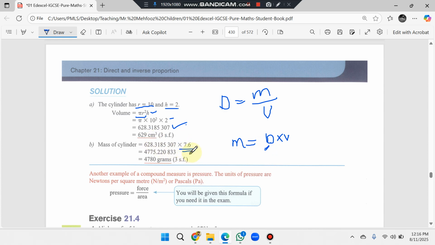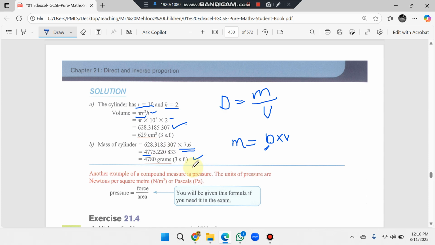So when we multiply these two terms, your answer will be 4775.220833. So when we simplify it to three significant figures, your answer will be 478, and this will become 0, right? Because we are interested in finding the answer up to three significant figures. Okay, so this is your mass of the cylinder, right?